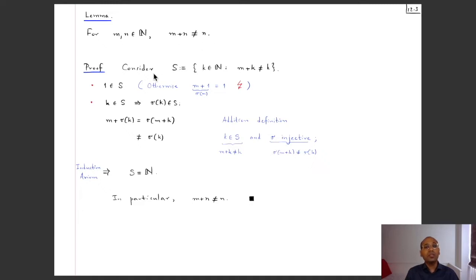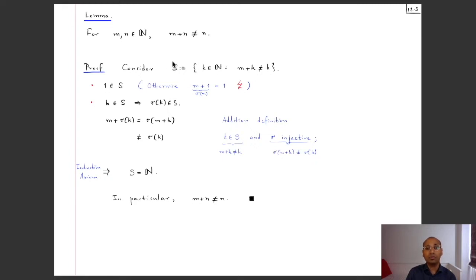To do this, we will consider the following set, which is the set of all k's, natural numbers, such that m plus k is not equal to k. Now if we manage to show that this S is the whole set of natural numbers, then in particular the given n will also belong to it, and so m plus n is not equal to n will follow.